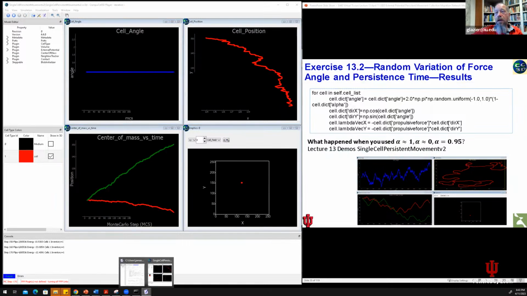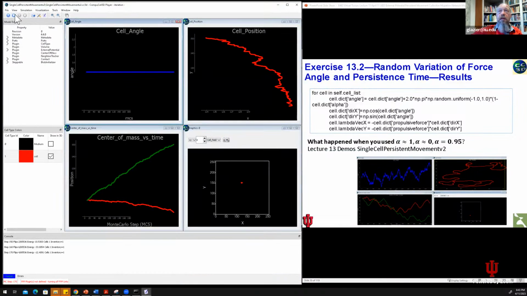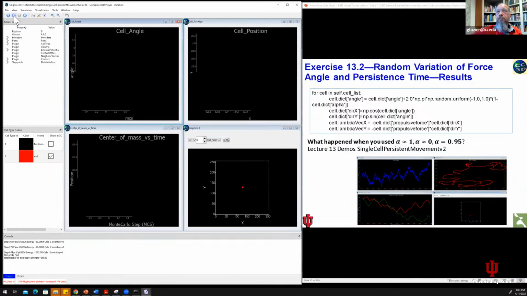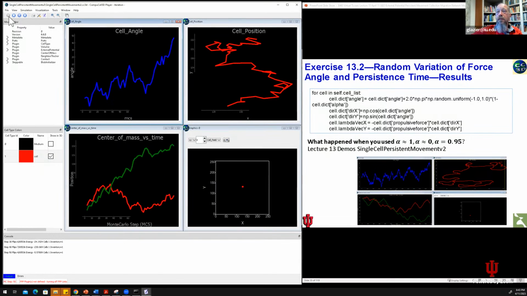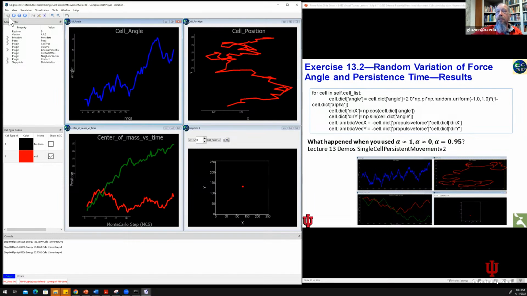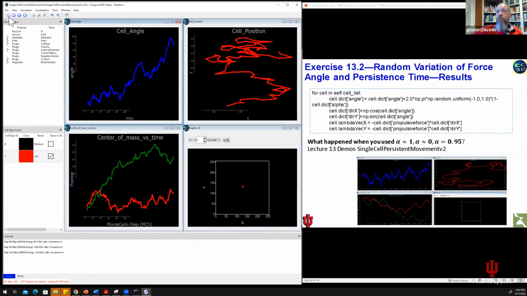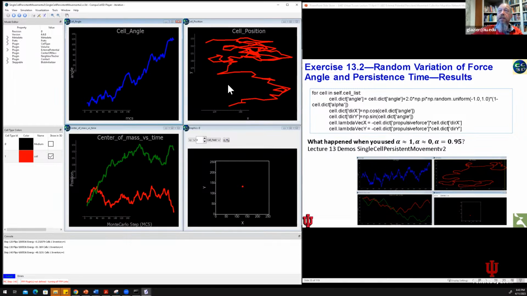Okay. I'm now going to go back and make the persistence of the force 0. So now the cell should move totally randomly. And let's see what happens. Well, I see the cell position is basically moving around randomly.